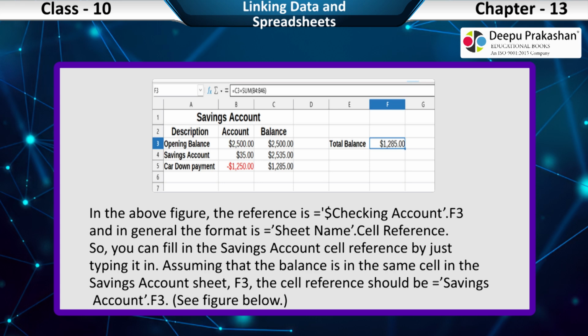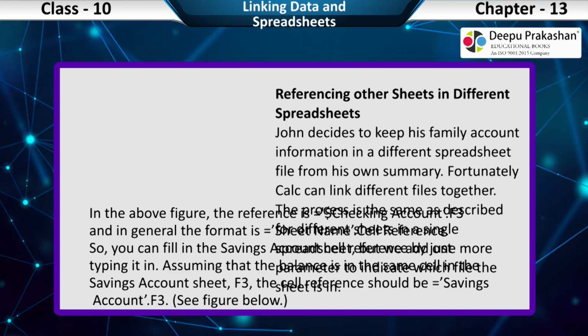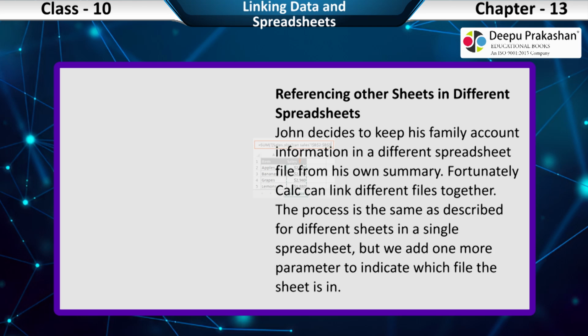So, you can fill in the savings account cell reference by just typing it in. Assuming that the balance is in the same cell in the savings account sheet, F3, the cell reference should be SavingsAccount.F3. See figure below.